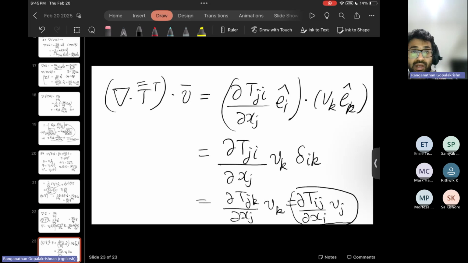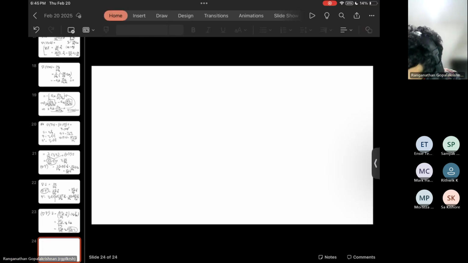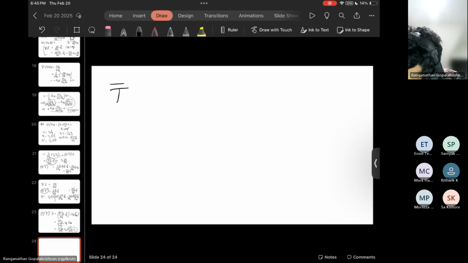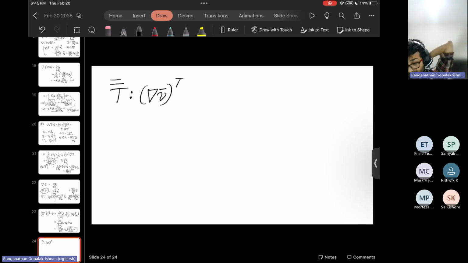Now let's look at the other term that we are required to prove, which is T double contraction the gradient of V transpose. Now gradient of V is a tensor.